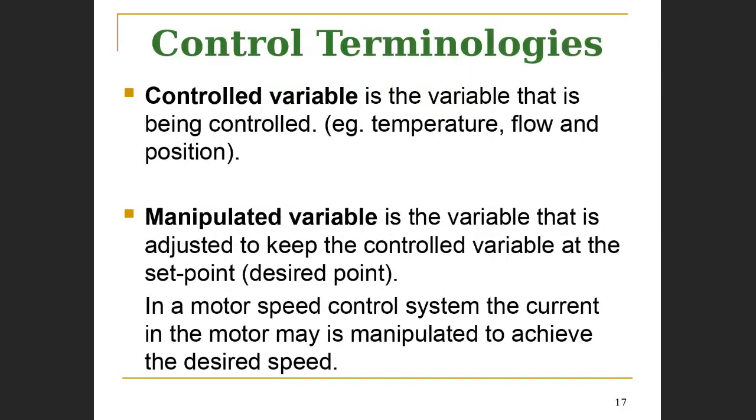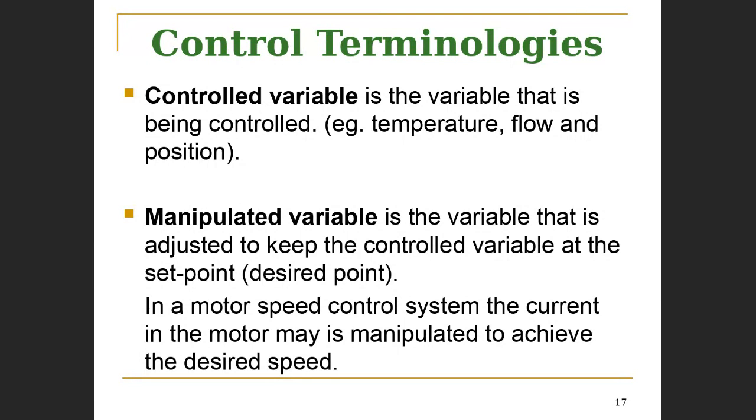Now here are two very important terms that need to be understood to better communicate what exactly is happening in a control system. So the first one is the control variable. And I've been using this term for quite a few slides now.